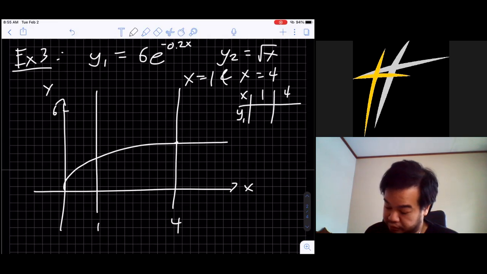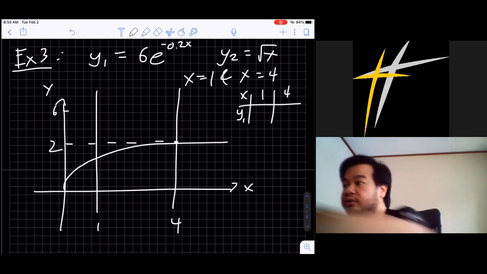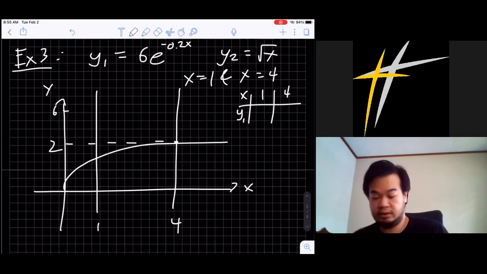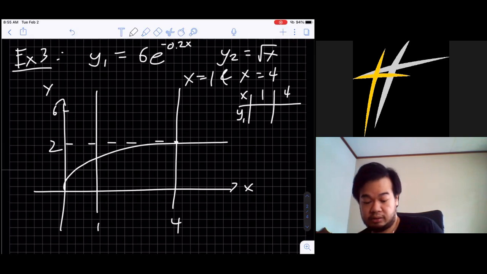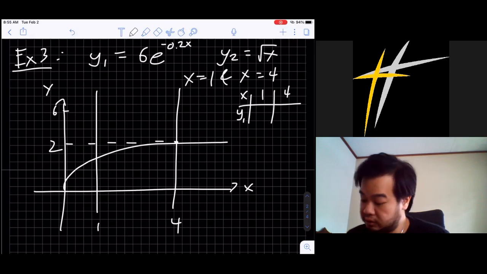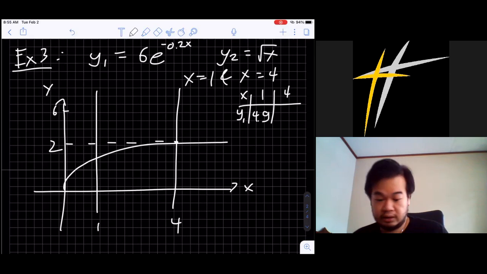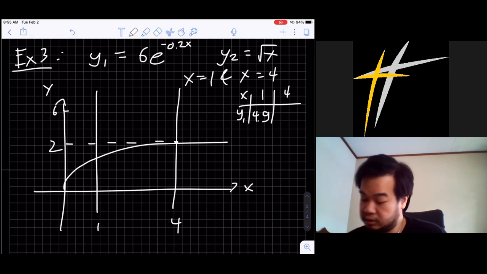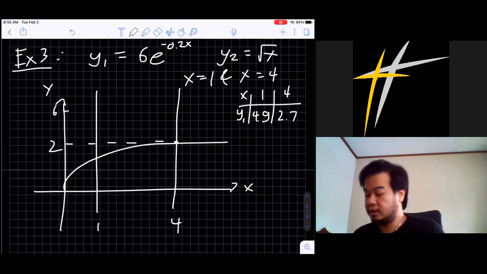When x equals 4, y2 is 2, right? So we want to find out, when x equals 4, what is the value of y1? Using the calculator, 6 times e to the power of negative 0.2 is 4.9, and when x is 4, negative 0.8 gives 2.7.